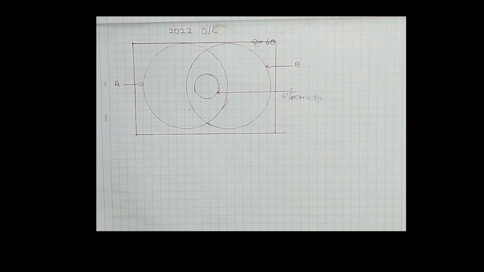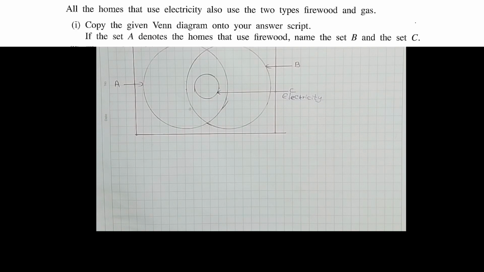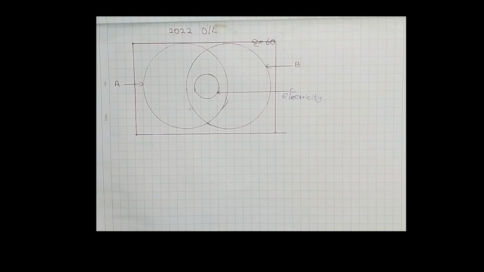Copy the given Venn diagram onto your answer script. The first one you have to do is copy the Venn diagram onto your answer sheet. So they are asking, if the set A denotes the homes that use firewood, name the set B and the set C. Okay, they have given A denotes the homes that use firewood.